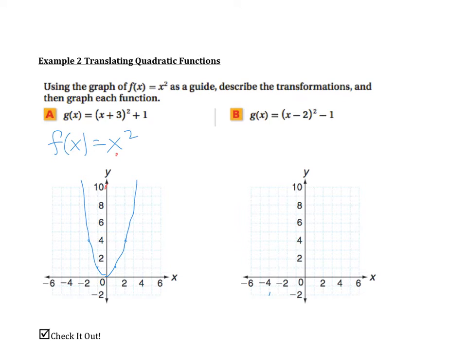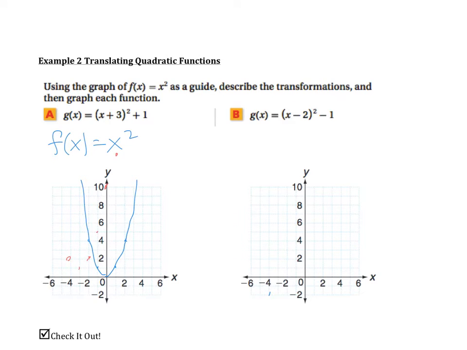Negative 2, you get 1 squared is 1, plus 1 is 2. Put negative 3, you get 1. Put negative 4, and you get negative 1 squared is 1, plus 1 is 2.